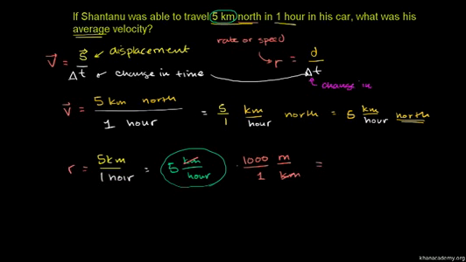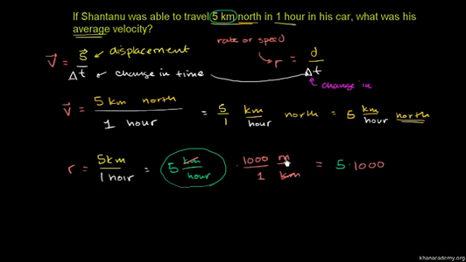And if you multiply, you get 5,000. So you have 5 times 1,000. So I just multiplied the numbers. When you multiply something, you can switch around the order. Multiplication is commutative, I always have trouble pronouncing that, and associative.